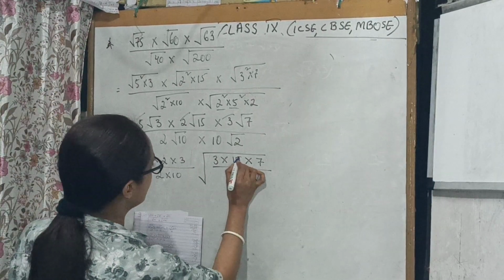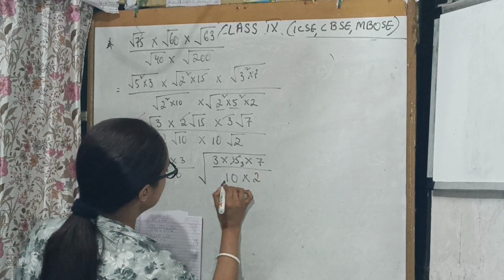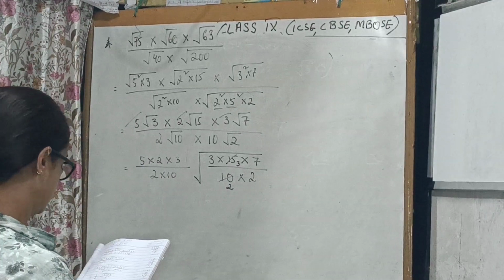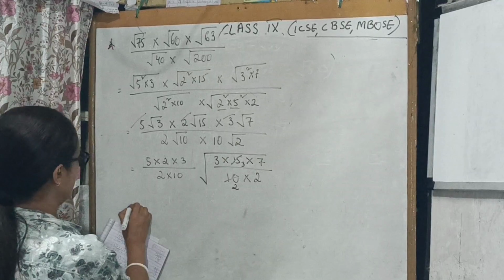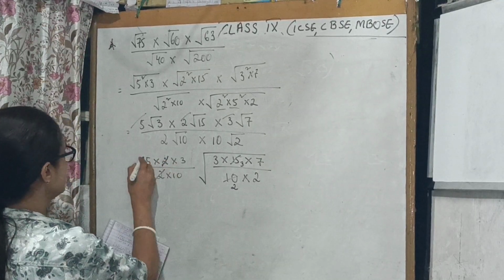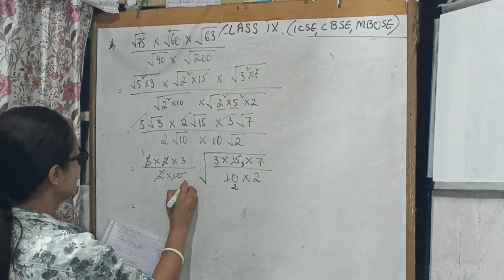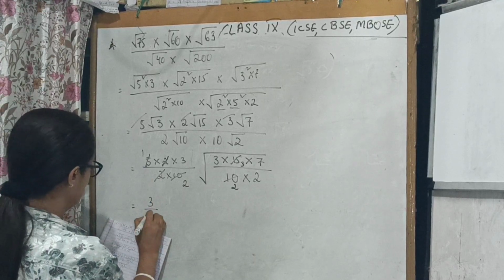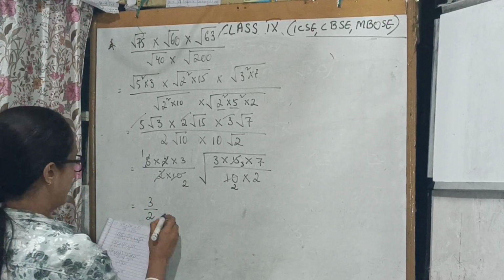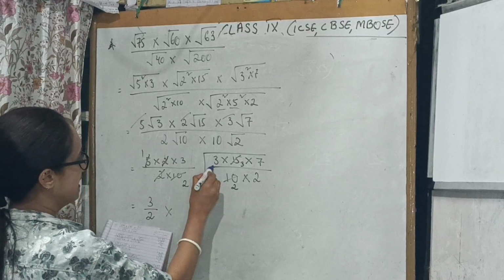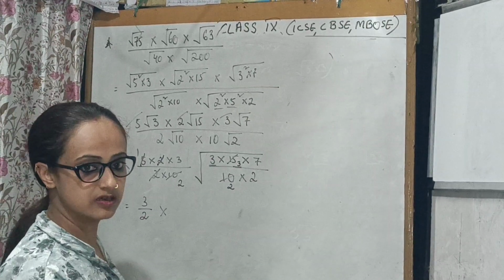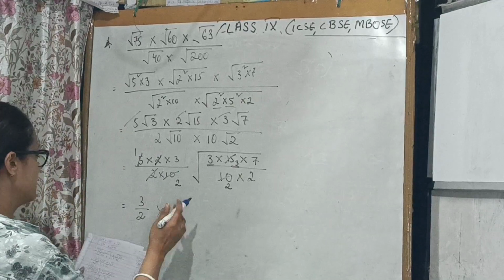ठीक है? 5 3s are 15, 5 2s are 10. यहाँ पे 2 2 cancel, 5 1s are 5, 5 2s are 10. We cannot cancel anymore. So it's 3/2. और यहाँ पे क्या होगा, ये 3 है, ये भी 3 है, so that is 3 square. Square and root gets cancelled.